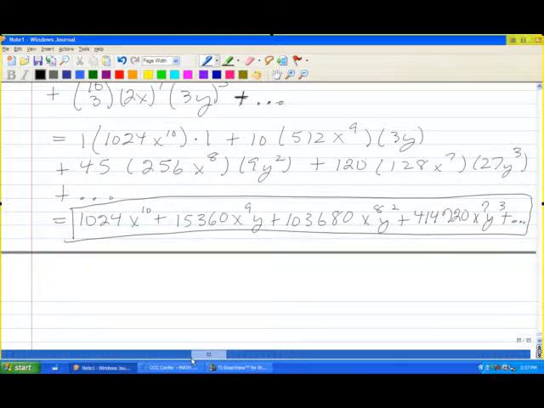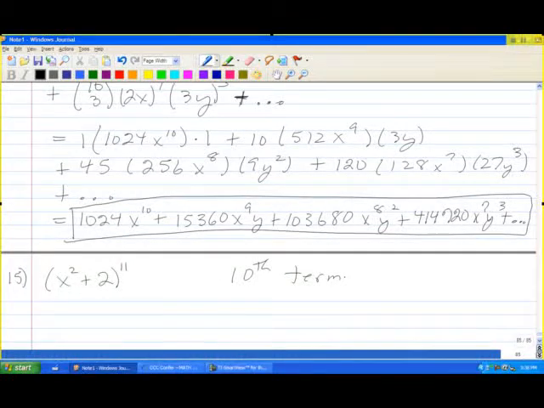Okay, so let me do problem number 15, which says x squared plus 2 to the 11th, and I want to find the 10th term.